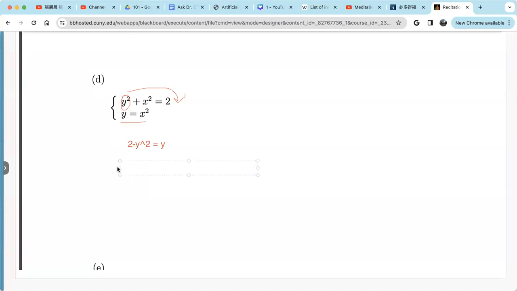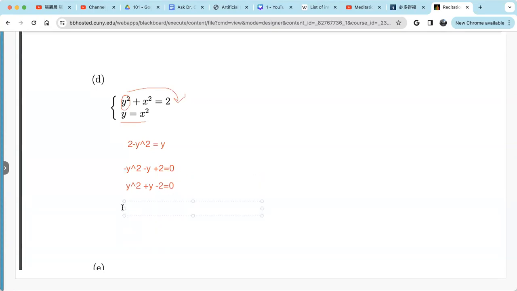Let's write negative y squared first, then minus y, then plus 2 equals 0, right? Basically move y from the right-hand side to the left-hand side. Now let's multiply by negative 1, because we don't want the leading term to be negative. So y squared plus y minus 2 equals 0.